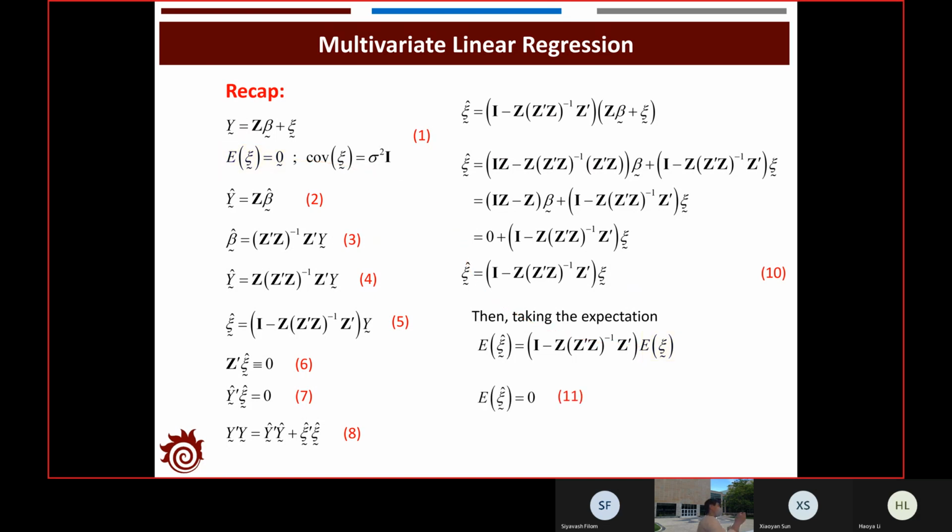So it means that the residual shows the difference between the true value and the estimated value. If the expected difference is 0, it means that your estimated value and true value will be the same for the whole sample, or for a large number of observations. There's no difference.